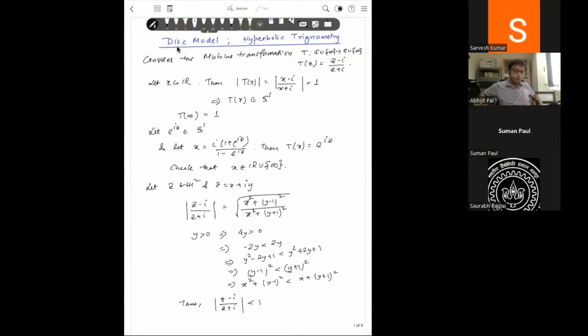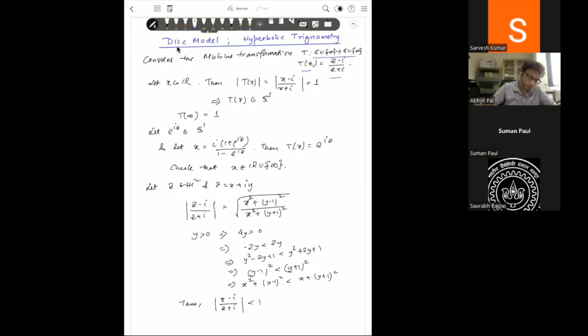Sri Krishna also mentioned another model of the upper half plane. I will be explaining this model of the upper half plane. First, let us consider this Mobius transformation T from C union infinity to C union infinity, T of Z equals (Z minus i) by (Z plus i).